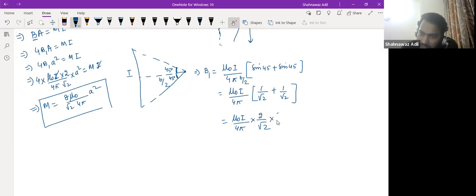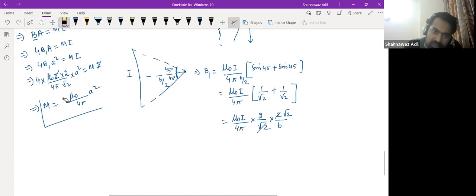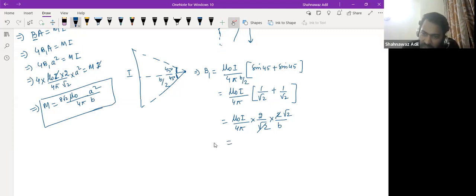This 2 will come up and this is b, so this would be 4, and we can cancel this root 2 in here. So this magnetic field B1 is how much? Mu naught I by 4 pi.